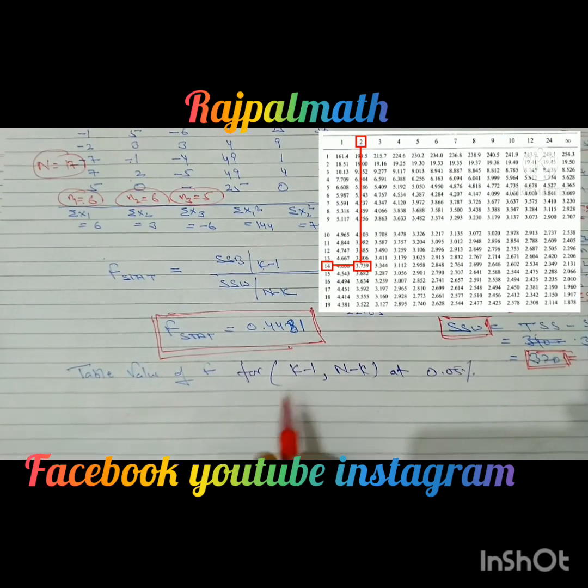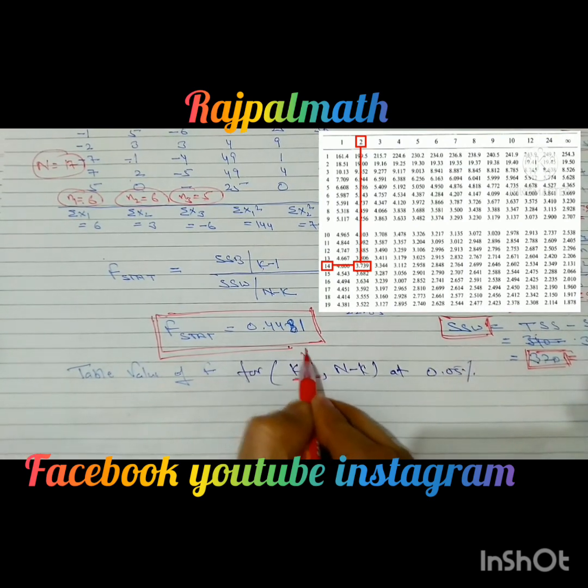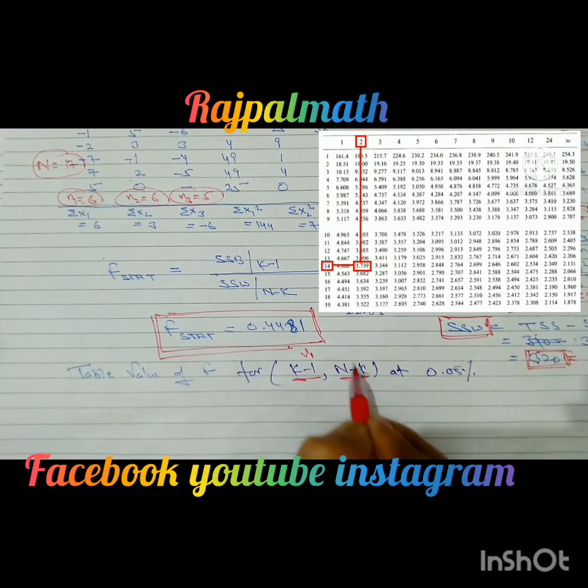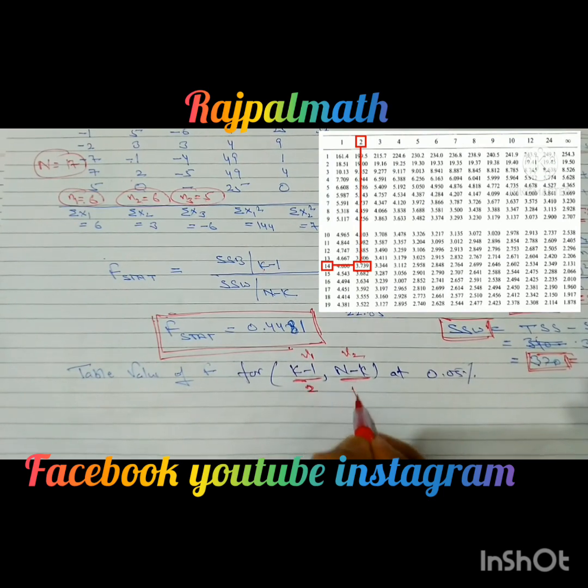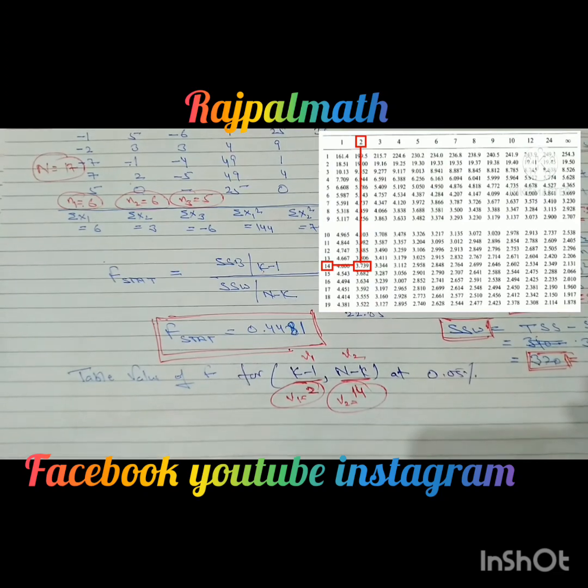Here K minus 1 is nu1, N minus K is nu2. K minus 1 is 2, N minus K is 14. Therefore nu1 equals 2 and nu2 equals 14.